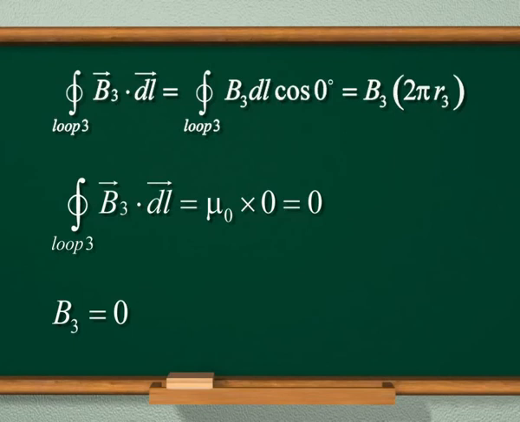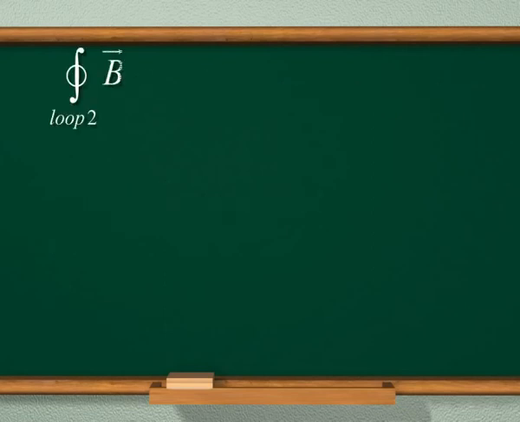Let B be the magnitude of magnetic field along loop 2. The line integral of magnetic field B along loop 2 is equal to B into 2 pi R2.